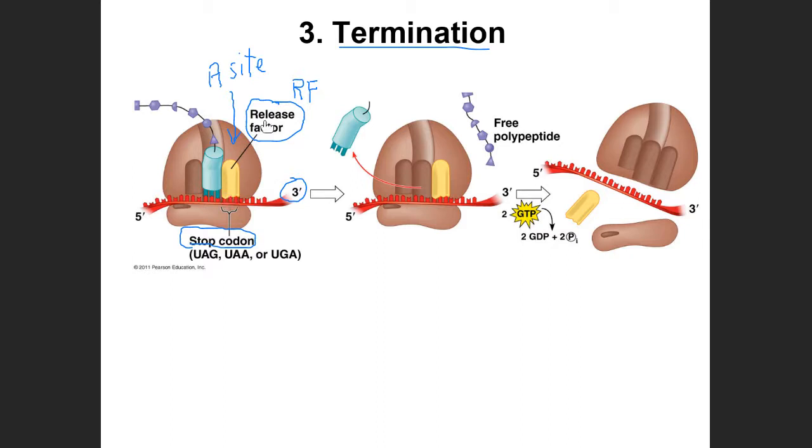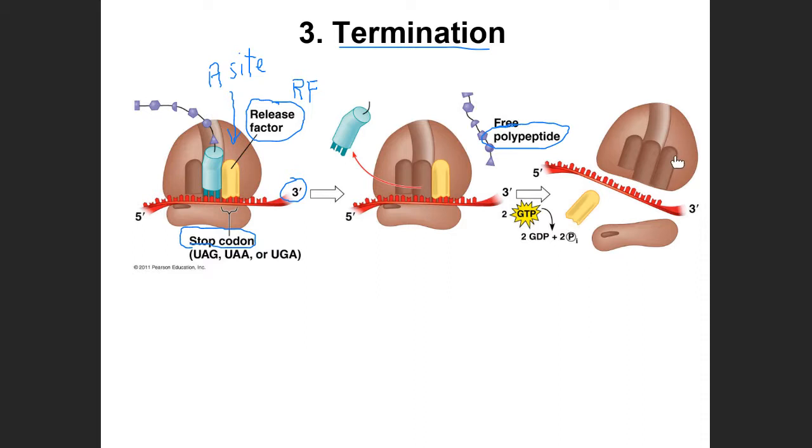When an mRNA stop codon enters the A site, release factor will enter the A site, bind to the stop codon, triggering the ribosome to release the polypeptide. It says free, but normally my professors would say release the polypeptide. Second, it will trigger the disassembly of the initiation complex.